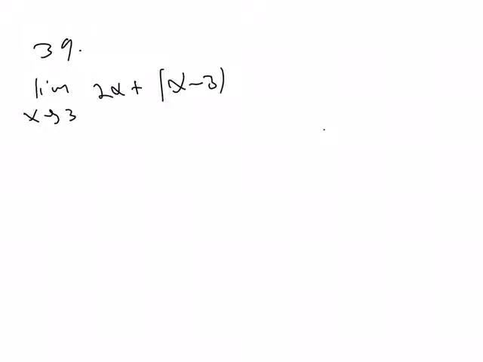So the absolute value of x minus 3 is equal to x minus 3 if x is bigger than or equal to 3, and it is, because then this is going to be positive.